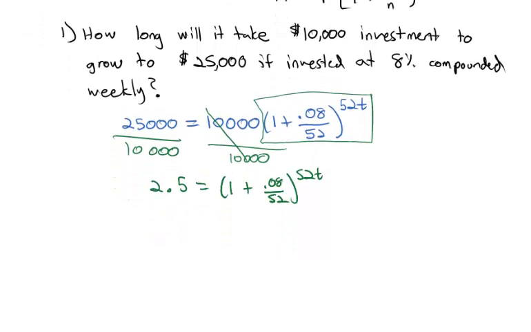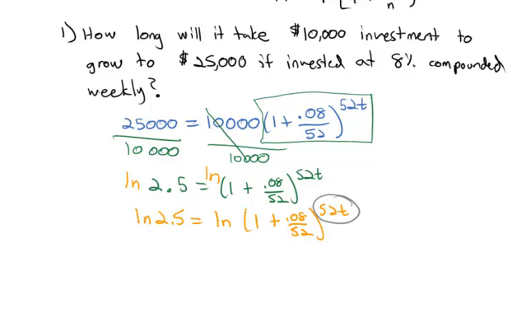Now we notice that the variable is in the exponent, and the way we get it out of the exponent is we're going to take a natural log of both sides of the equation. That's going to give us the natural log of 2.5 is equal to the natural log of 1 plus 0.08 divided by 52 to the 52t.